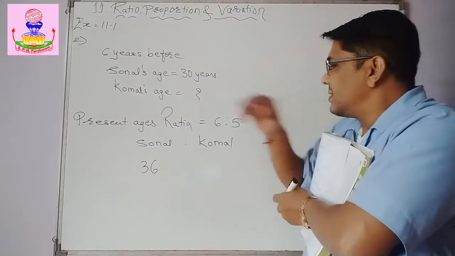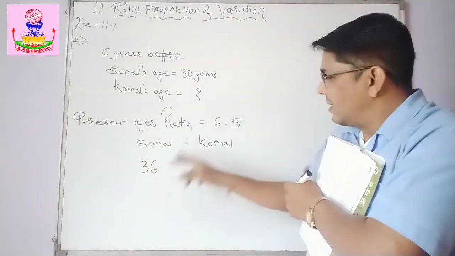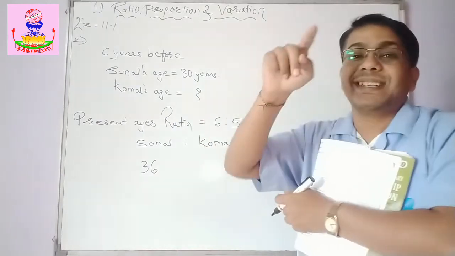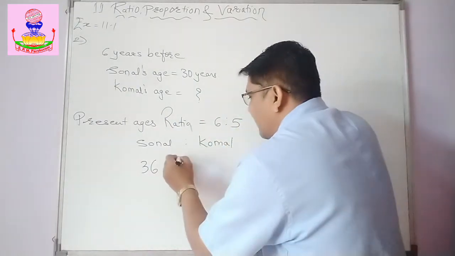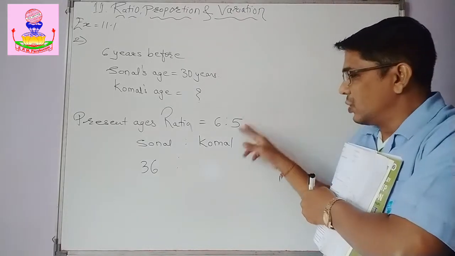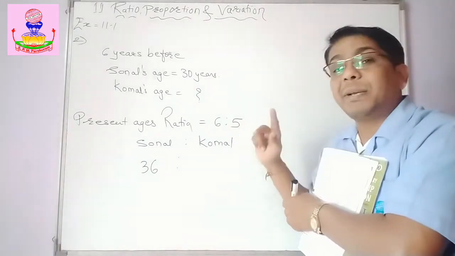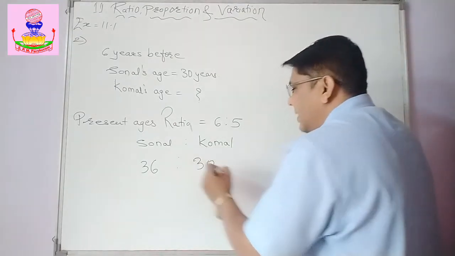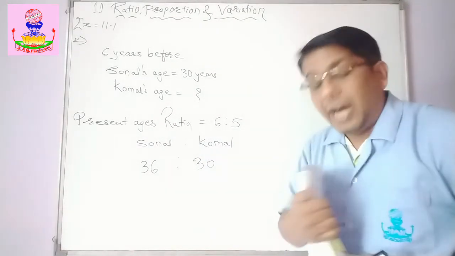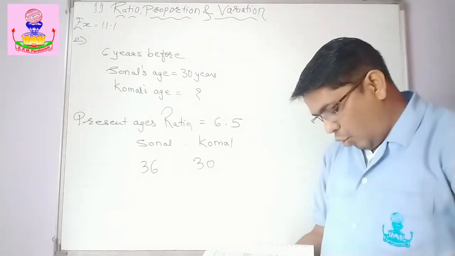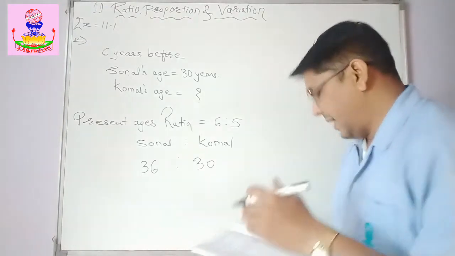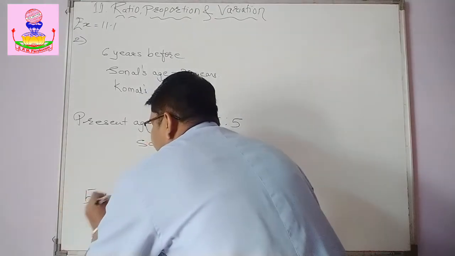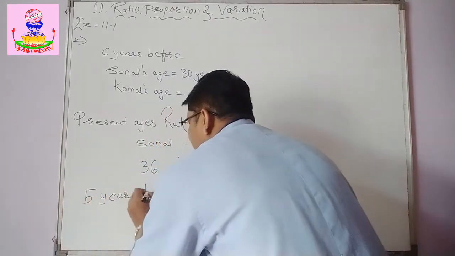Now see, 6 how many are 36? 6 sixes are 36. So the multiple is 6. So 5 sixes are 30. So what has Komal's age become? 30 years. What has been asked now? Komal's age 5 years hence. Komal's age will increase by 5 years.